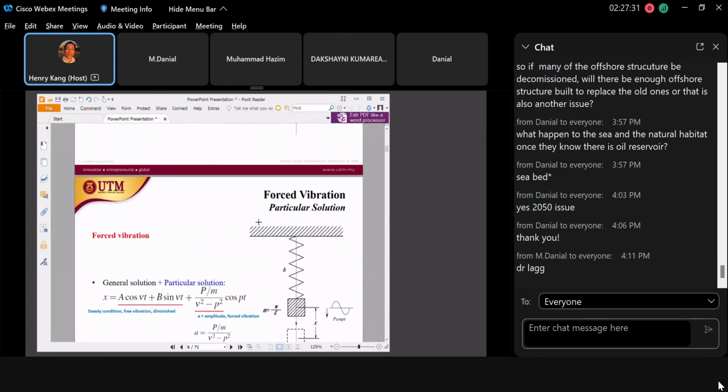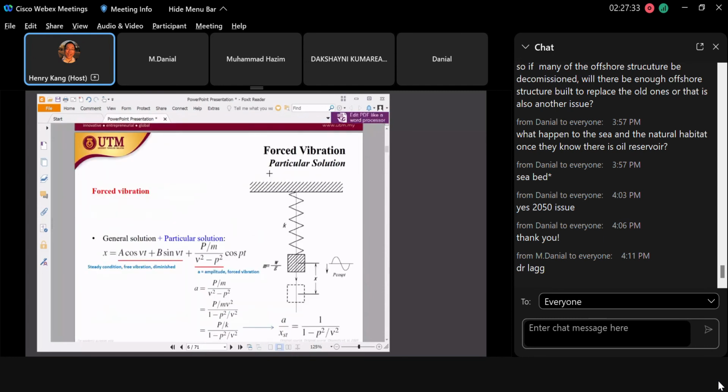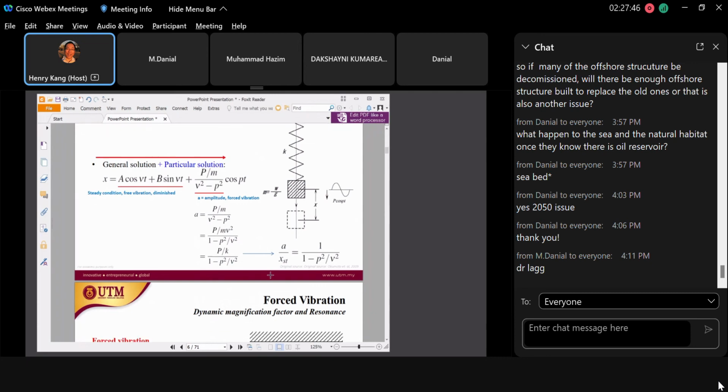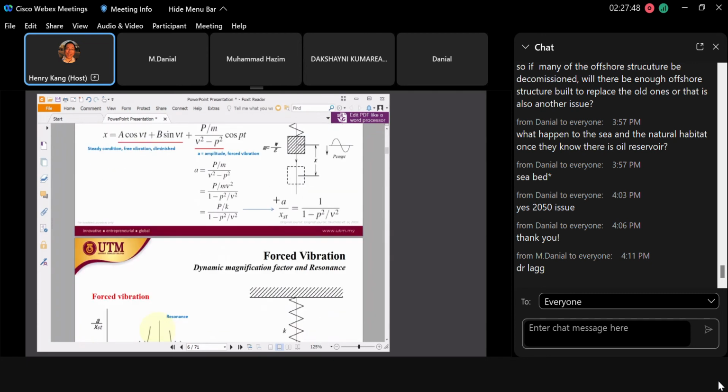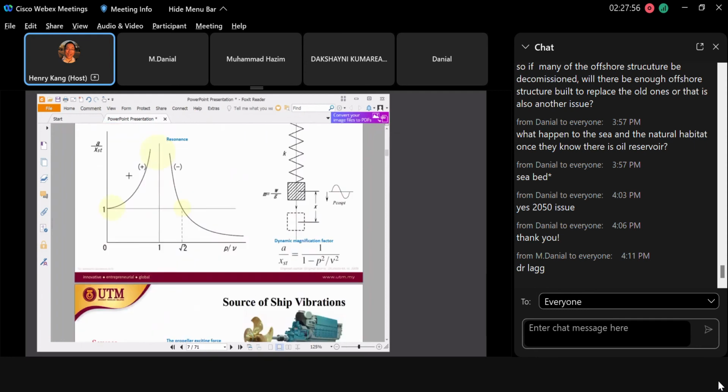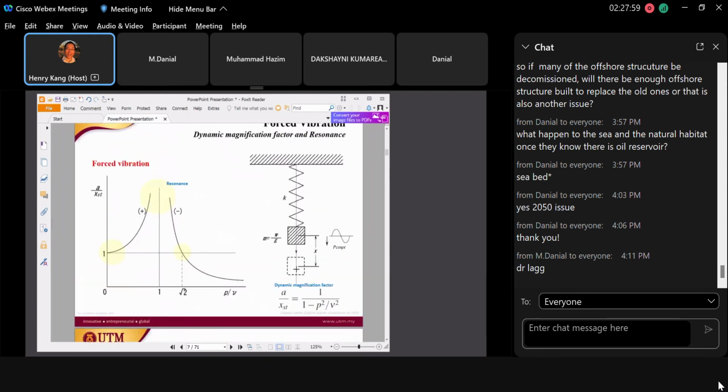For the particular solutions, as I mentioned, we need to go through certain general solutions plus the particular solution. Then finally, we managed to find the relationships of the vibration response.